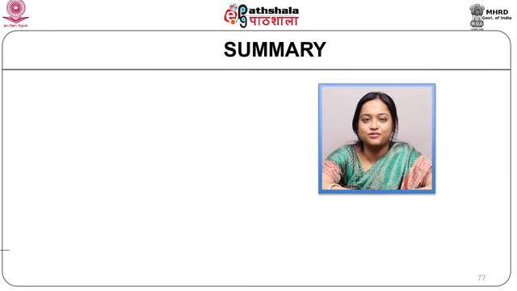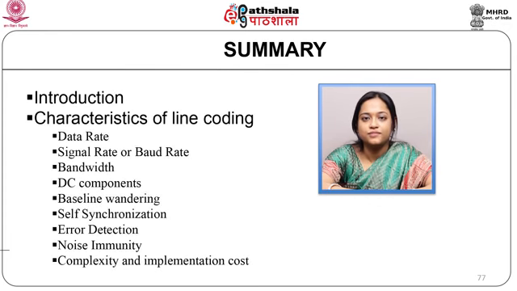Now let us summarize what we have learned in this module. We started with the line coding introduction. We understood the necessity of using line coding and what the requirements are. Then we talked about the characteristics of line coding. The major characteristics are data rate, signal rate, bandwidth, self-synchronization, DC component, DC wandering, noise immunity, error detection, complexity, and the cost of implementation.